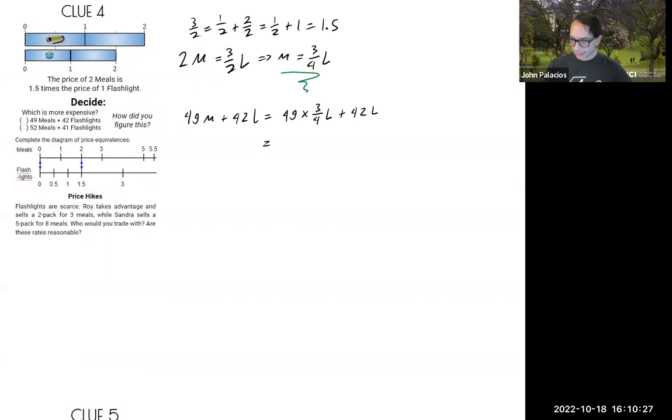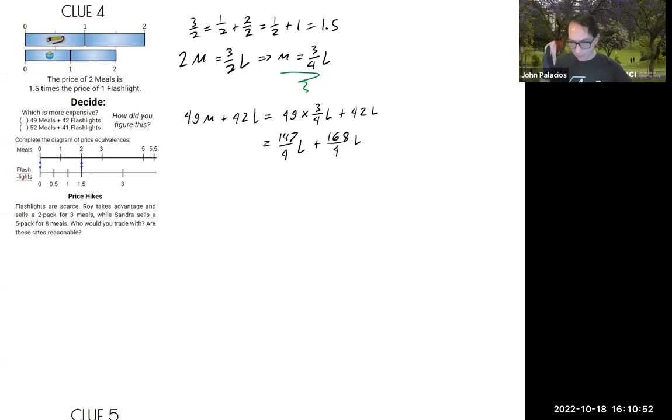So let's see, we have 147, because that's 3 times 49 quarters, plus 168 quarters, because 4 times 42 is 168, I think. I didn't check that. You'll want to check that.